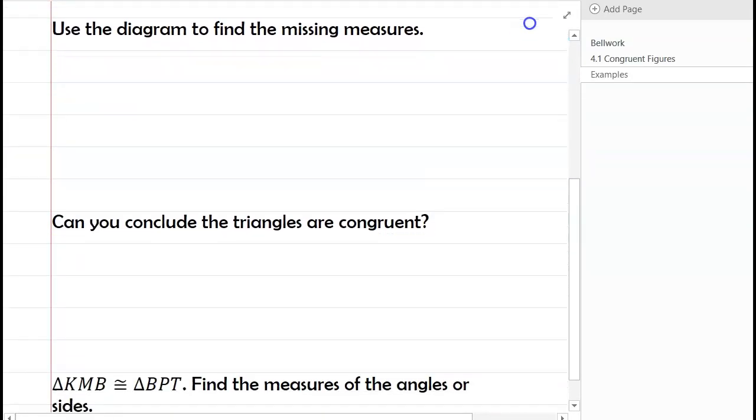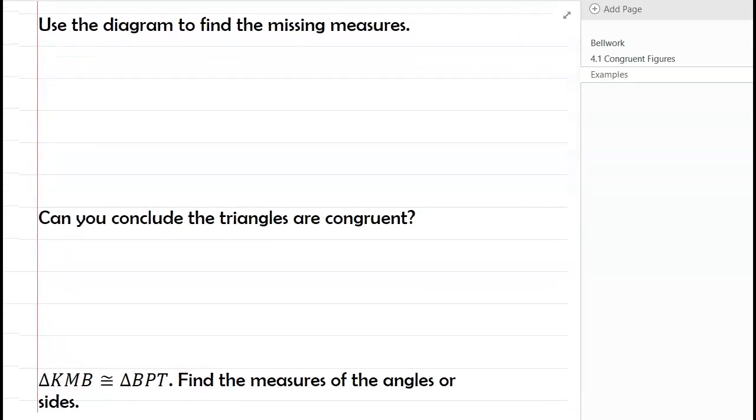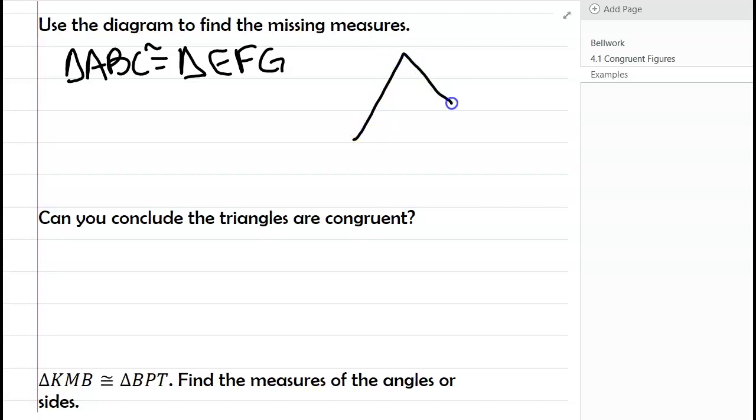Okay, time for some pictures. Let's start off with our statement. Triangle ABC is congruent to triangle EFG. My first triangle, ABC, will look and label like that.